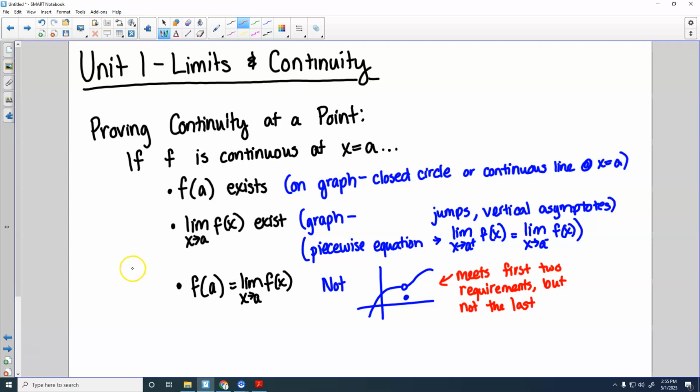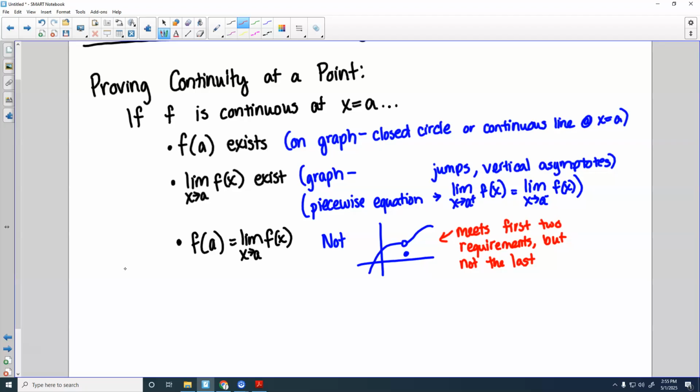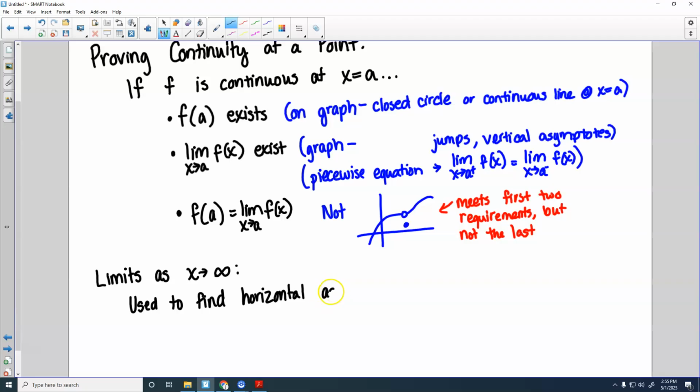You will definitely see in this section your limits as x approaches infinity, which can be asked in several different ways. So limits as x approaches infinity. These are used to find horizontal asymptotes.